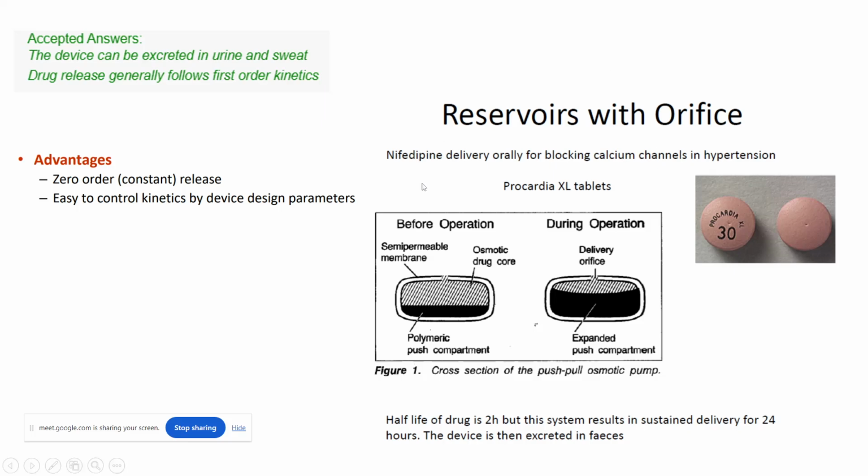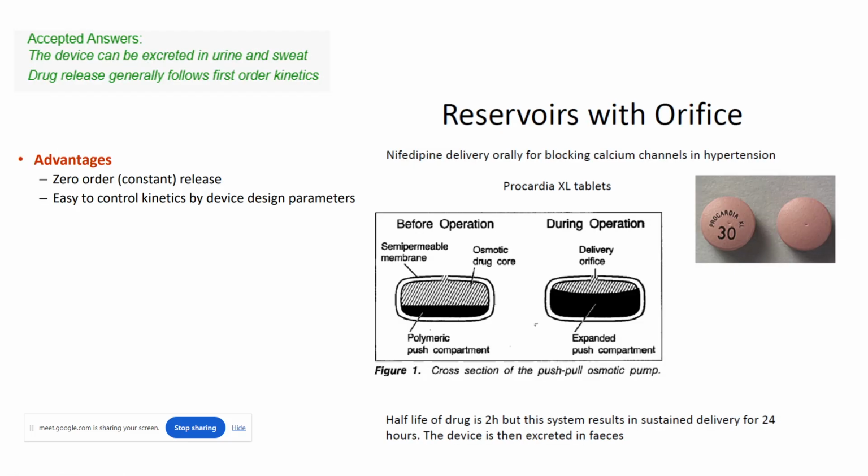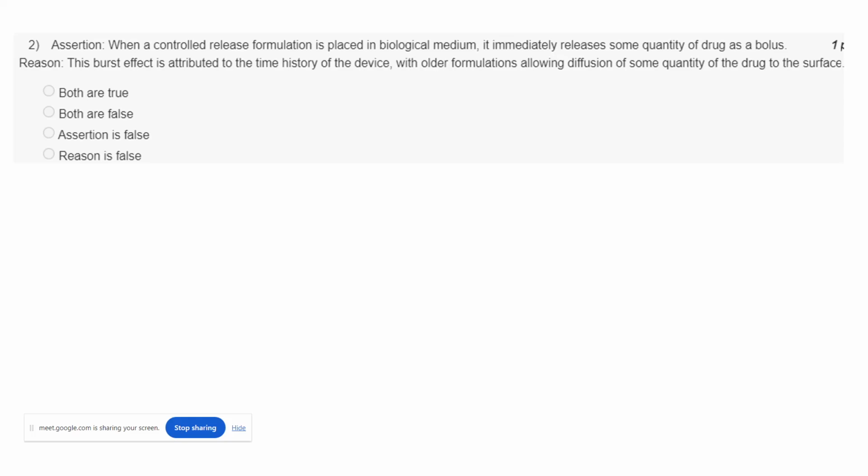Further, it's a non-erodible system, so it's kind of an implant that will stay at this site. So it can be both erodible and non-erodible based on how you design it, but it cannot simply be excreted using urine and sweat. Yes, so these two options will be correct.